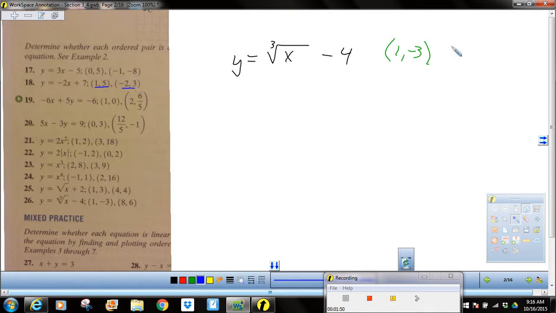And 8, 6. So when I try 1, -3, put a question mark because we haven't actually done the calculation yet.